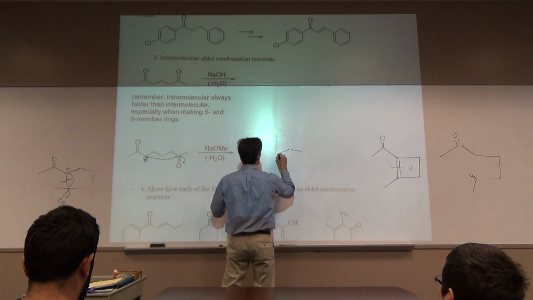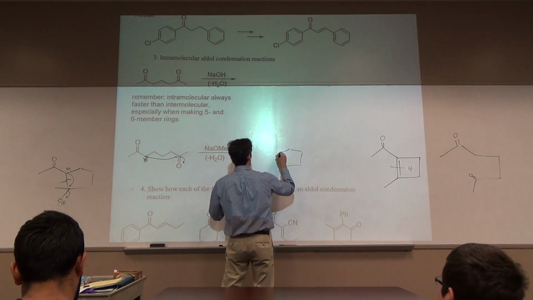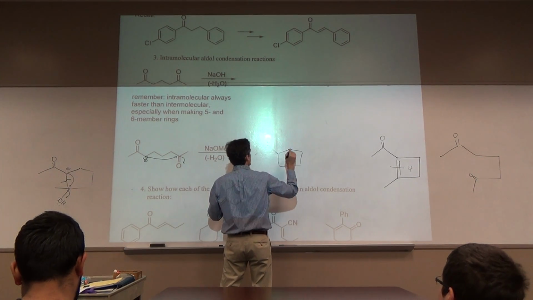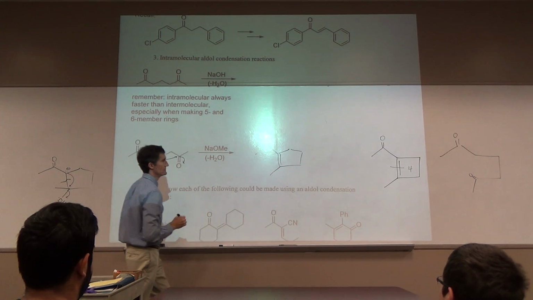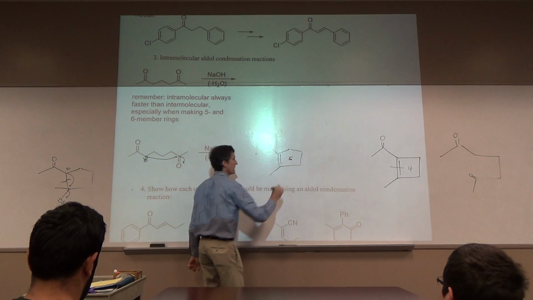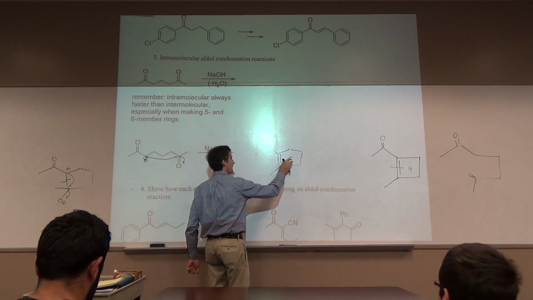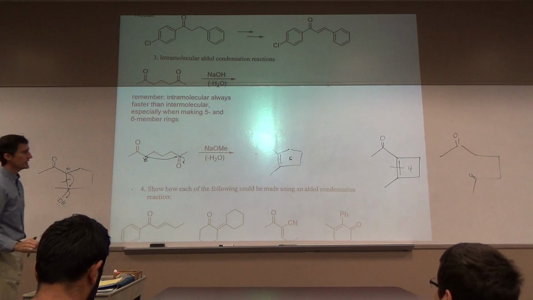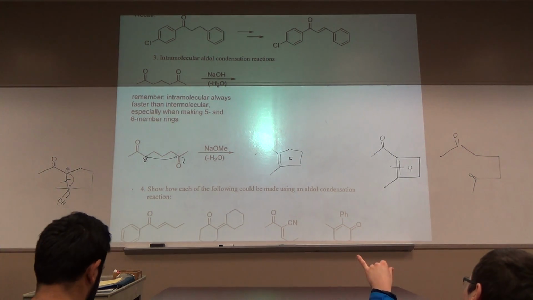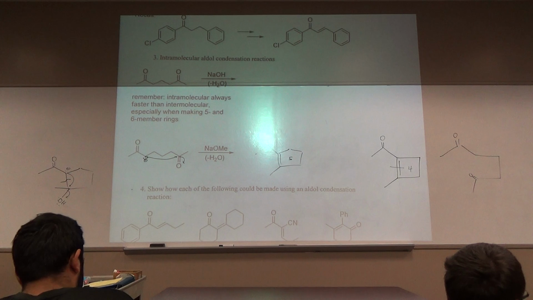It's a 5-membered ring. Ketone coming off, double bond here. Don't forget the methyl. That's a 5-membered ring. There you go. That's going to be favored over the 7-membered ring.